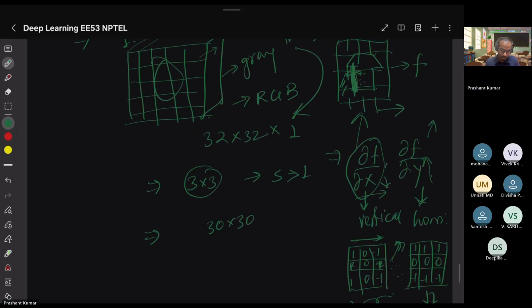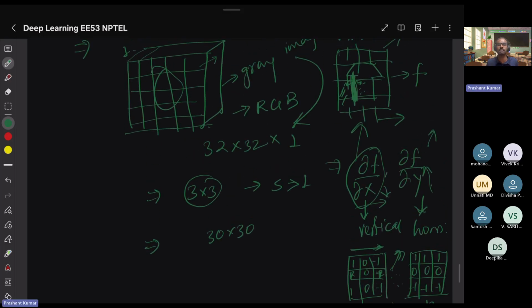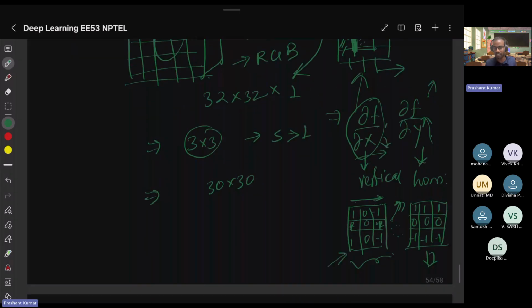But when you have a complex image, you don't know what kind of filter will create what kind of edge detection or overall feature detection. So in that case, these kernels will act as training parameters.